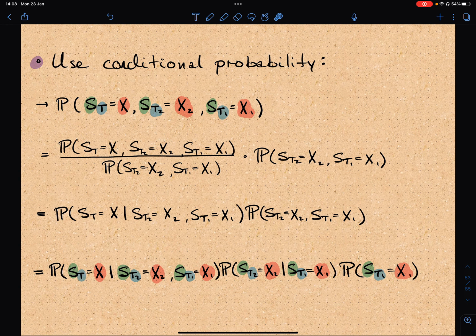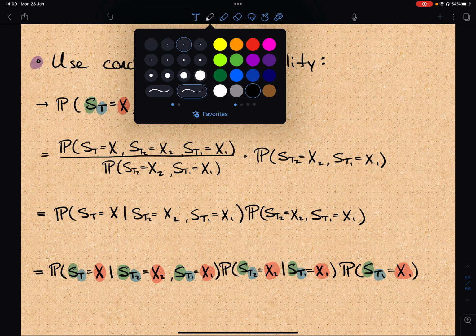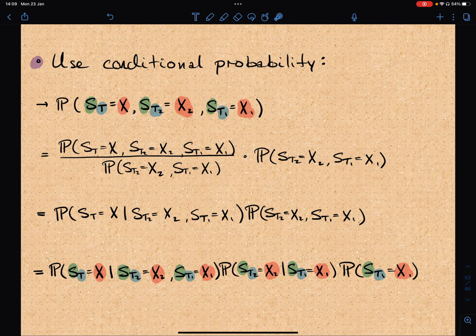So the main idea to compute this probability is to use conditional probability. We start on the left-hand side with the probability that we go through these 3 points in space and time. We use conditional probability. The first thing is to multiply and divide by this quantity.